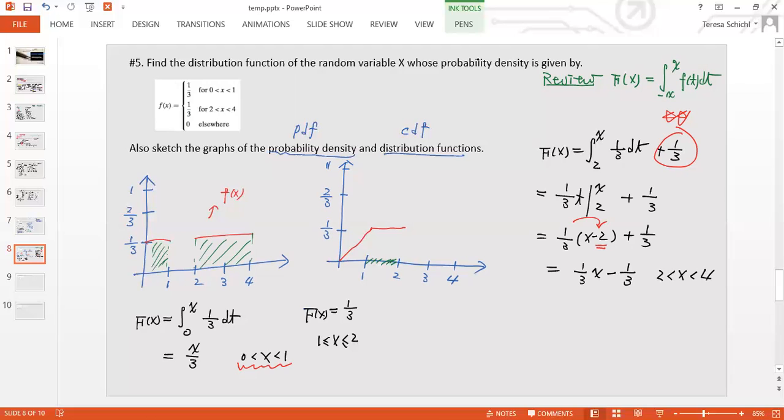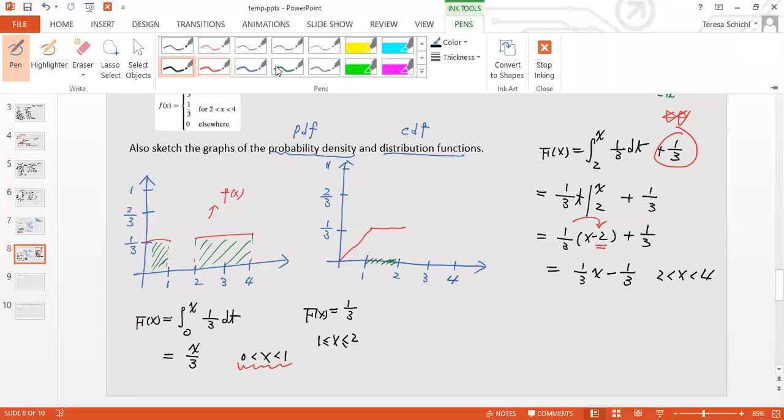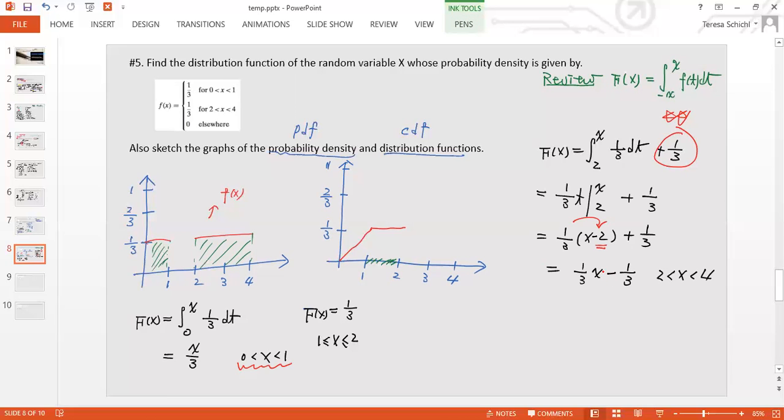Okay, so now let's try to graph it. When x equal to 2, f of 2 is what? It's 1/3, right? So that's why I start here, correct? Let's take a look.